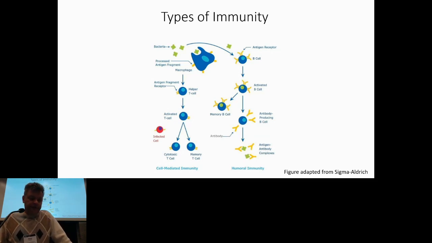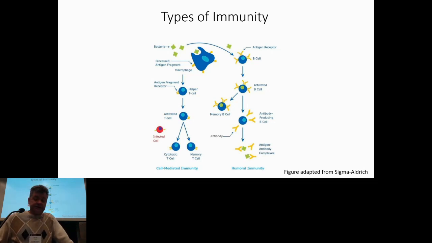Another branch of immunity is called humoral immunity, where the B cells deal with the whole pathogen. It's not degraded, but B cells deal with proteins on the surface of the pathogen.